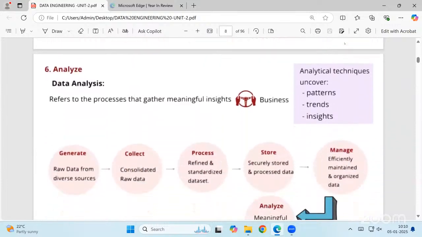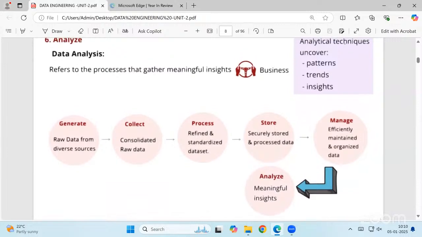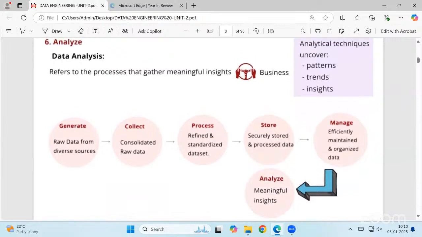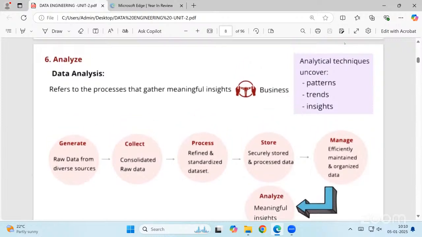Next phase is analyze. It refers to the process that gathers meaningful insights. Okay. So the analyze phase is one where they do analysis on the data that got generated. So what type of analytics are they going to use? They find patterns, buying patterns or viewing patterns of the customer.